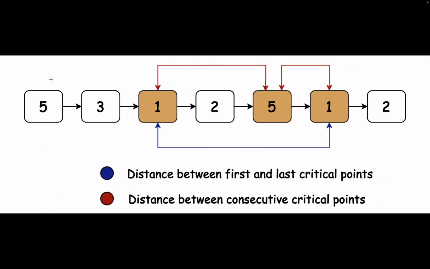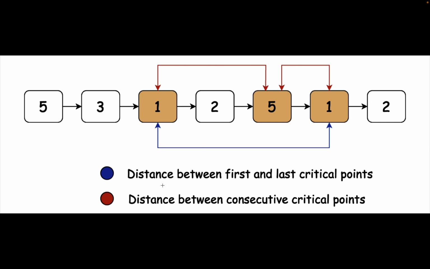So let's see this image. Here we have 1 as a critical point, 5 as a critical point, and 1 as a critical point. So the first critical element is 1, and the last one is also 1. This position is 3, and this position is 6.